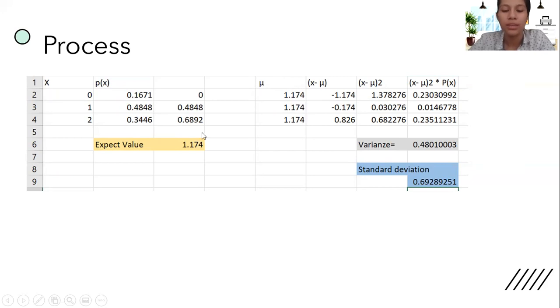This means the probability of occurrence. This value is taken to calculate the variance: the expected value minus the mean, squared, multiplied by the probability, and adding it all together gave us the result of 0.4801.